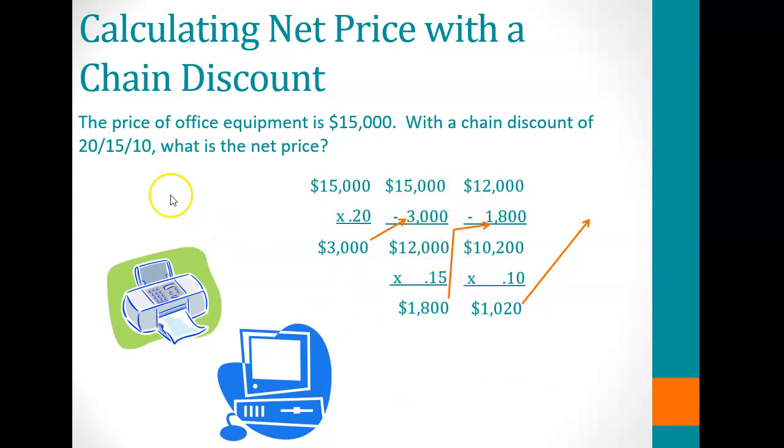Then take 12,000 times 15%, get a discount of 1,800. Subtract that from the 12,000, get a price of 10,200. Take that times 0.10, get a discount of $1,020. And if I take 1,020 from 10,200, it'll give me a net price of $9,180. We could do that, but we won't have time to do all that.